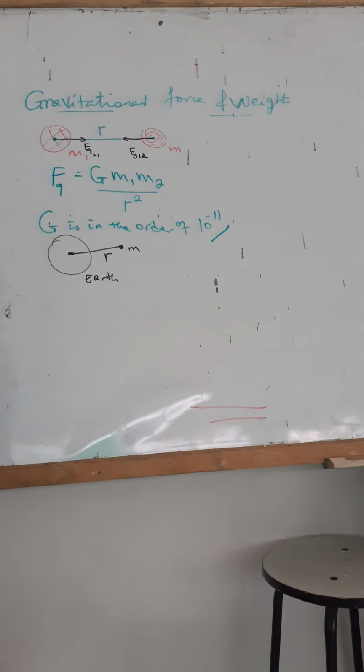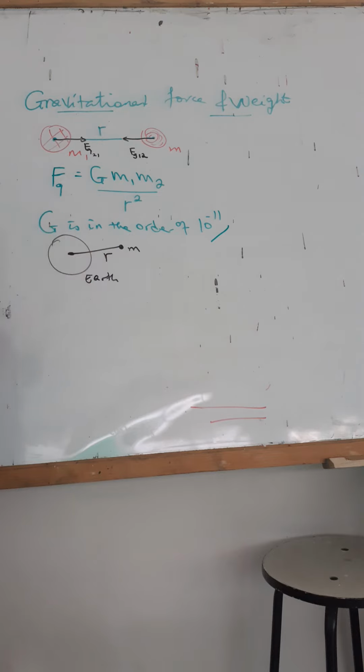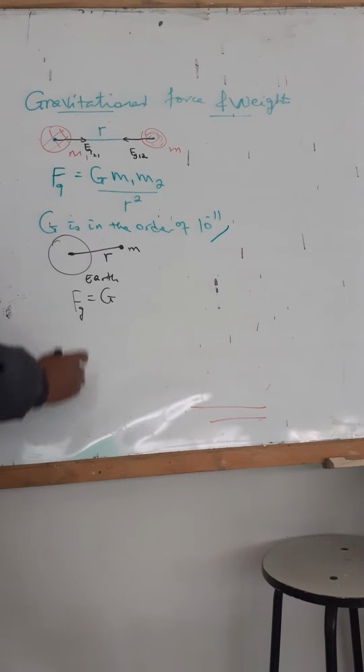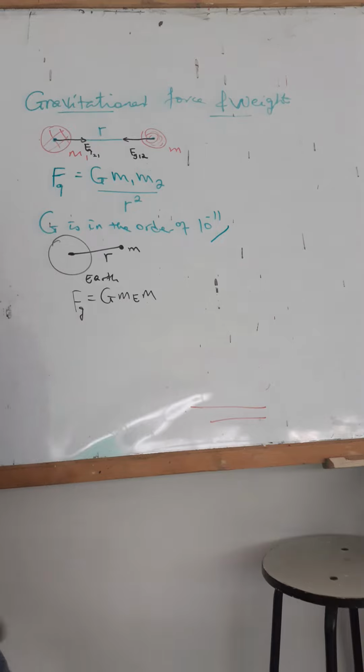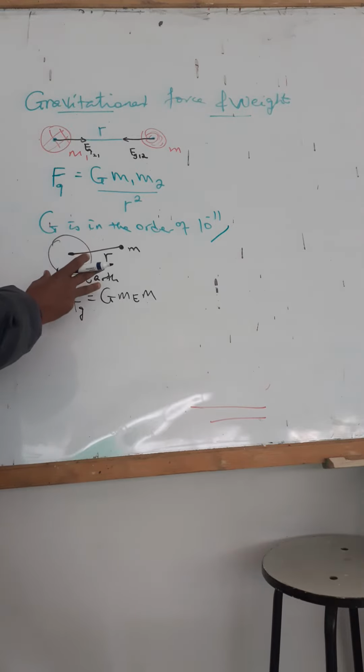In this case, because the mass of Earth is big enough, you can see the effect of the gravitational force of attraction of the Earth on the smaller mass. And we write the gravitational force as G, the universal gravitational constant, times the mass of Earth times the mass of the object, which is in attraction in the field of Earth.